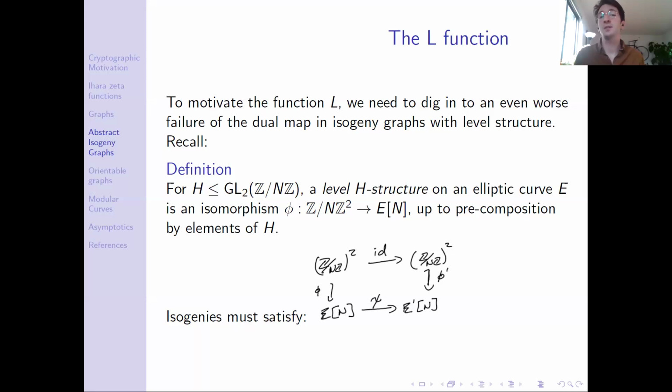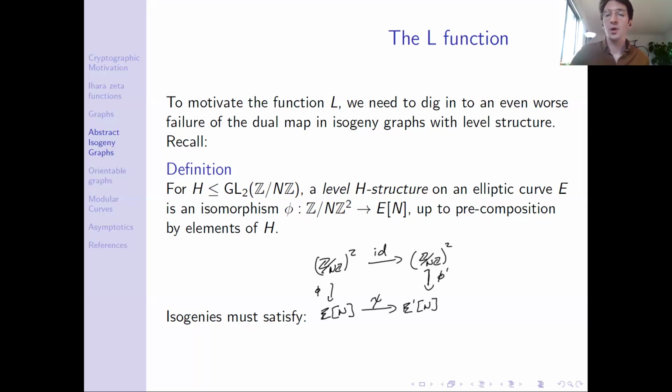What it needs to satisfy to be an isogeny of curves with level structure is that if you take the level structure, thought of as a map from Z mod NZ to E[N] on the left side, and then you do psi, you should end up with the level structure on E prime that is your target, all up to action of elements of H.